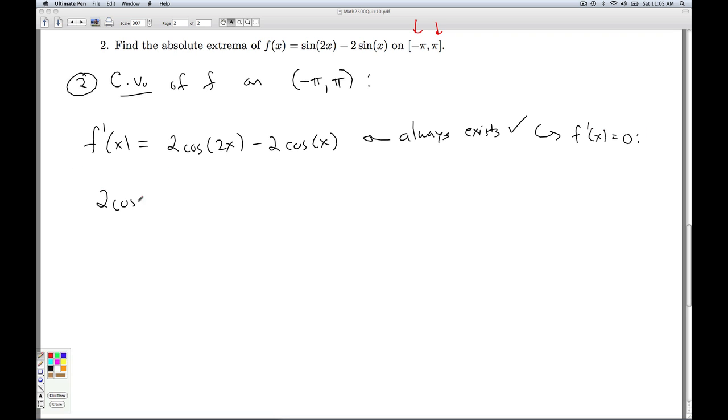I need to solve this trig equation. Thinking back to trigonometry, one of the first complexities in this problem is that I have different angles, cosine 2x and cosine x. So I need to convert the cosine of 2x into cosine x's.